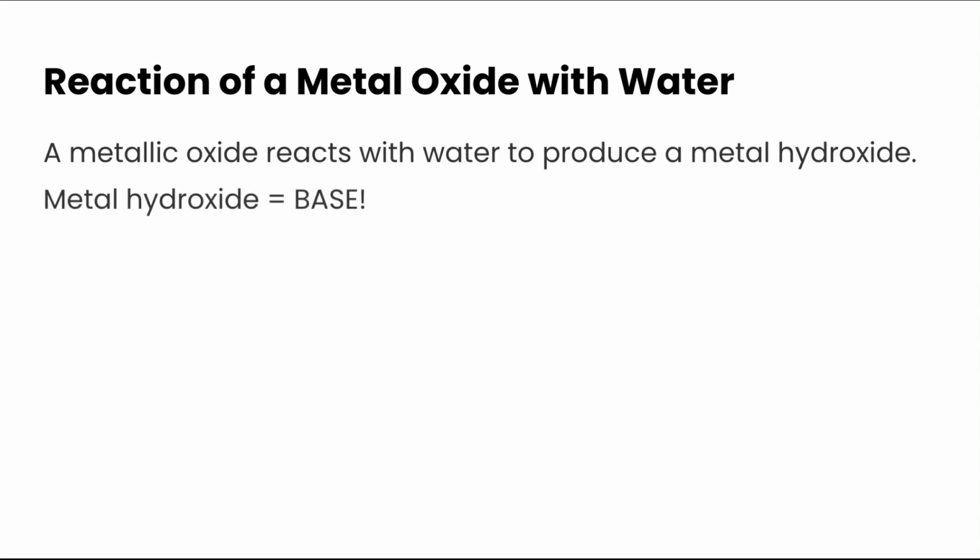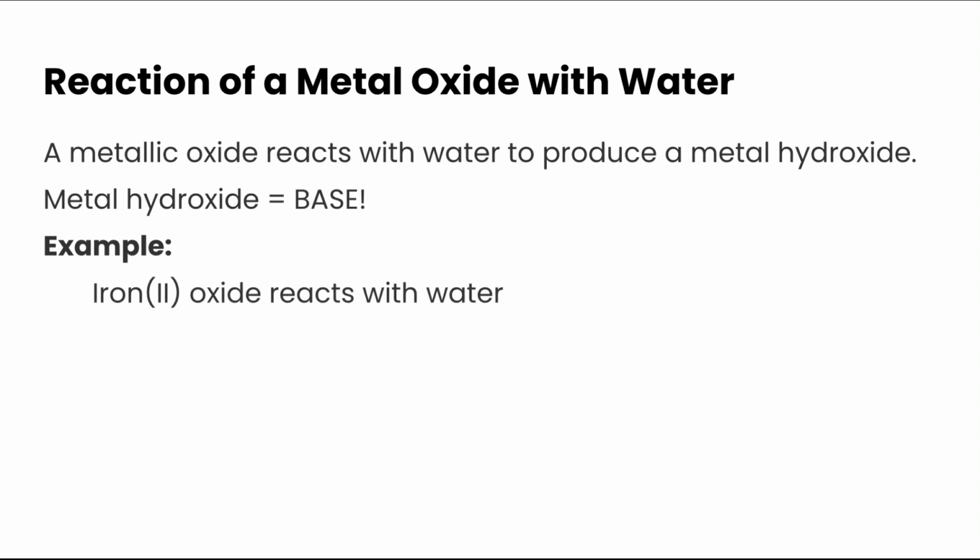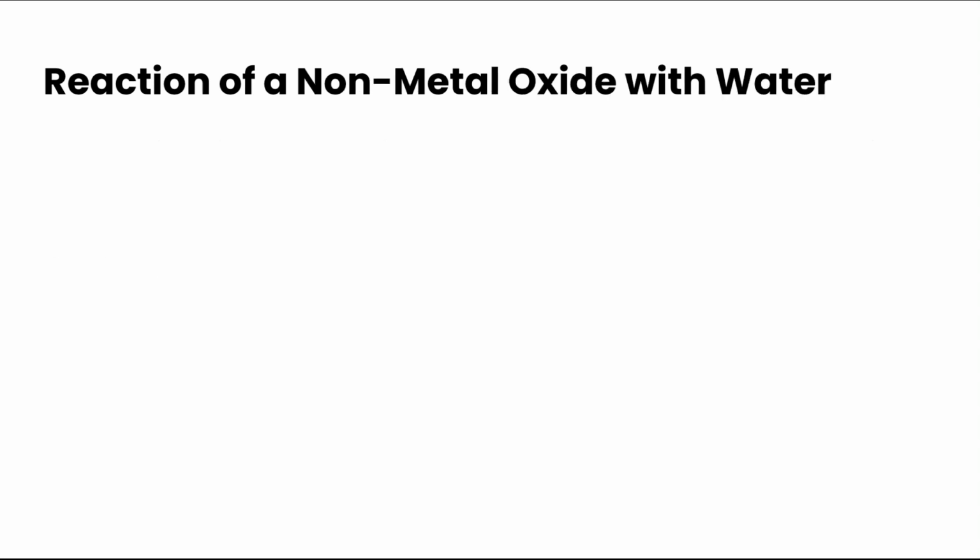And so what we end up with is a solution that's very basic. For example, if we took our iron 2 oxide that we created in our last example and reacted it with water, we'd get iron 2 hydroxide, which would be basic. So if we tested, the pH would be greater than 7.